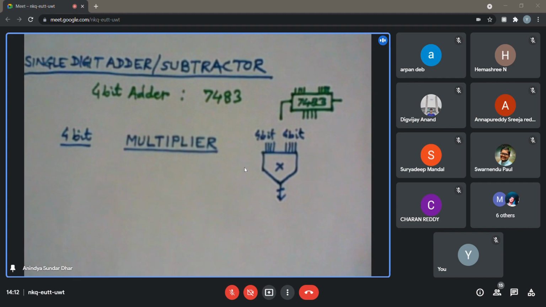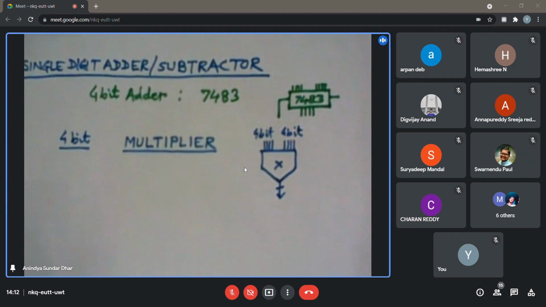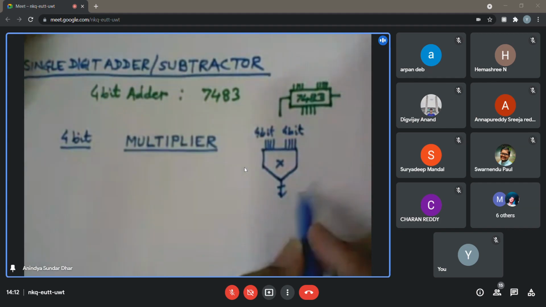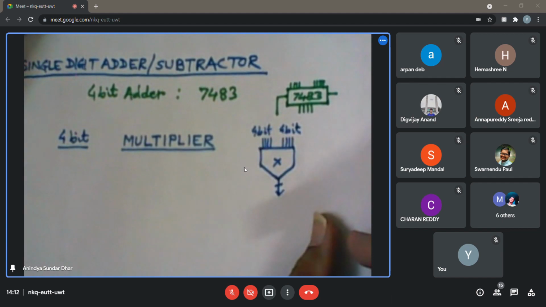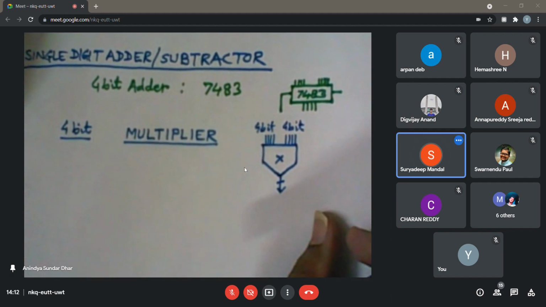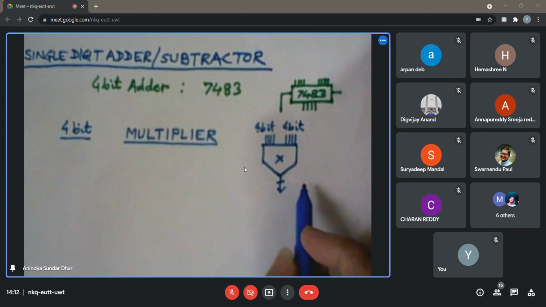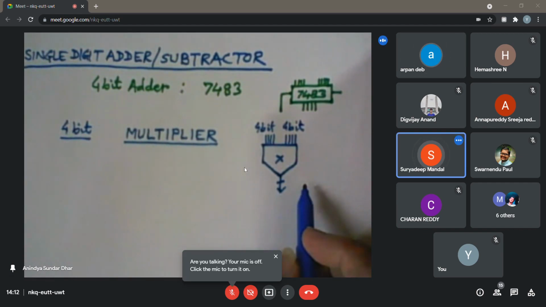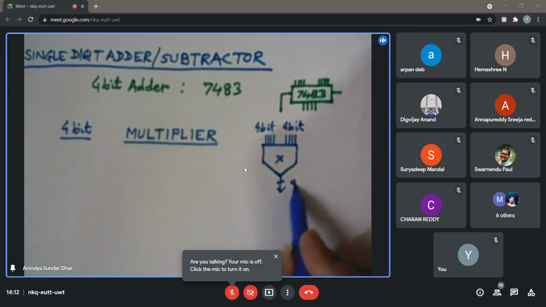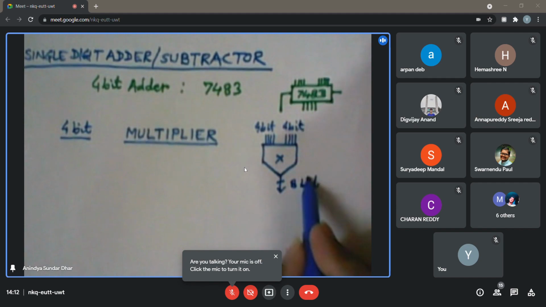So for expressing 225, how many bits do you need? 8. 7-bit won't suffice. 7-bit can represent up to how much, in the unsigned case? 127. So you require 8-bit. 4-bit into 4-bit requires 8-bit.